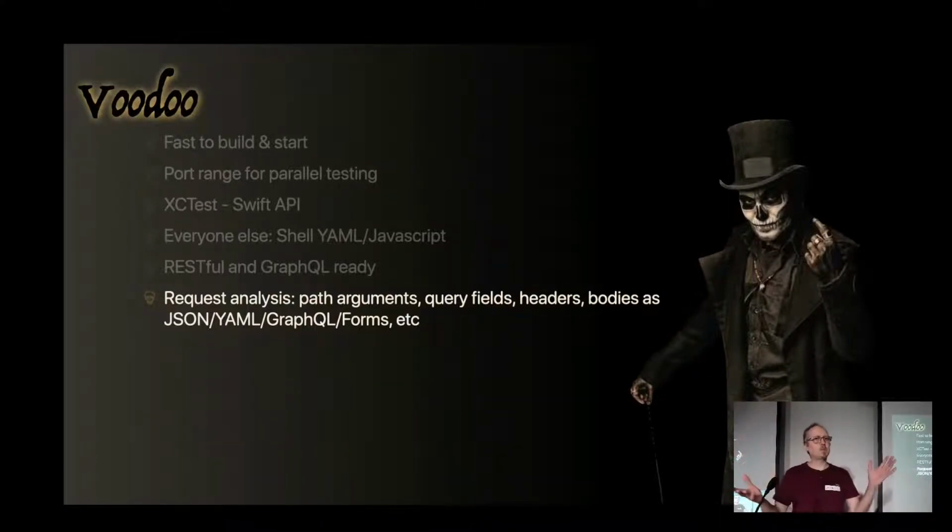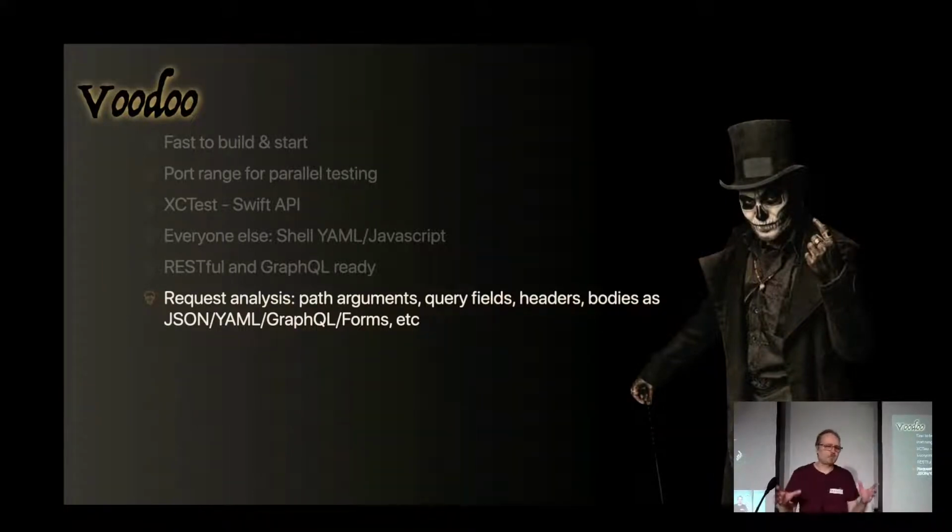It'll break up your query fields and automatically give them to you as a dictionary. You can say, I want the body as JSON, and it'll go, right, I'll deserialize it for you and hand it to you. All that sort of stuff that you would boilerplate out yourself half the time, I've tried to do it, saying these are the things that I want to do all the time, so let's just build it in.